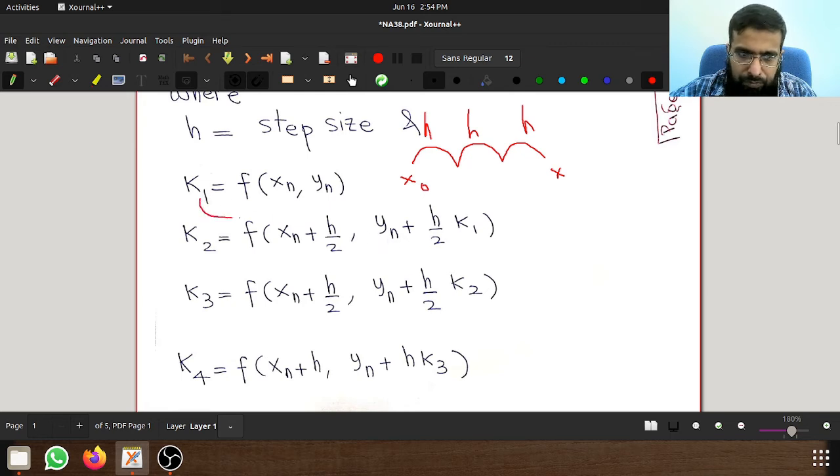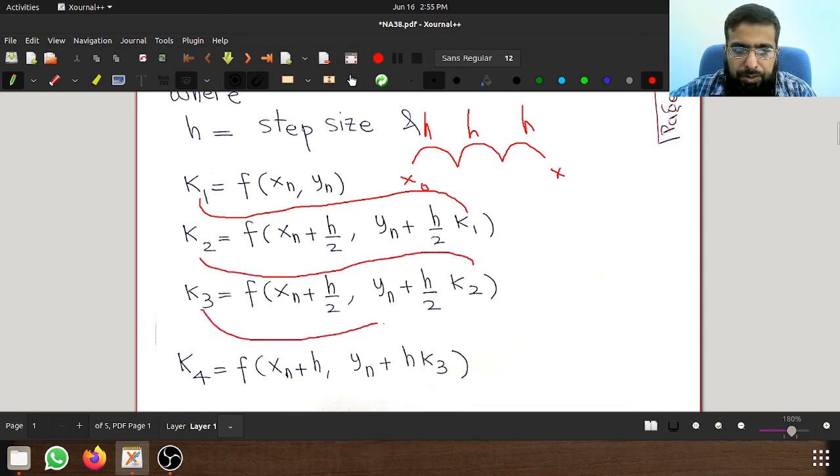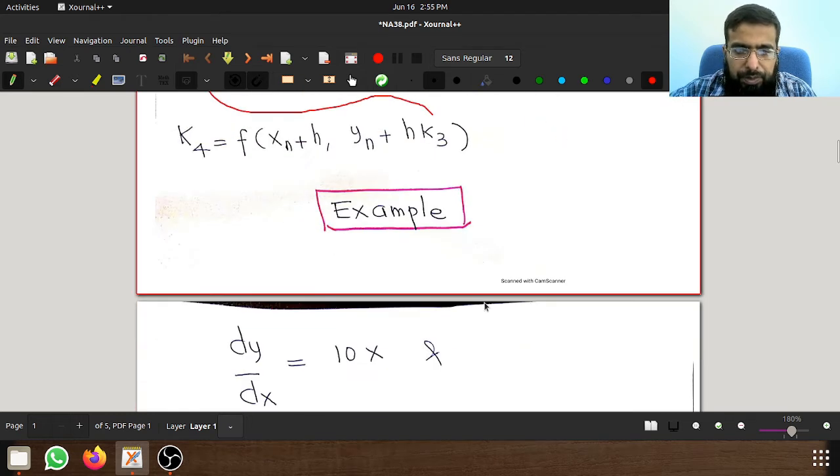And this k1 is fed here, and this k2 is fed here, and this k3 is fed here. These formulas are simple, but we have to calculate the values k1, k2, k3 and k4 for each step, right?